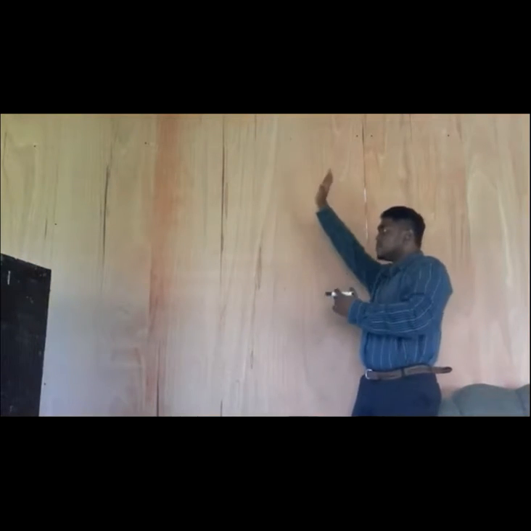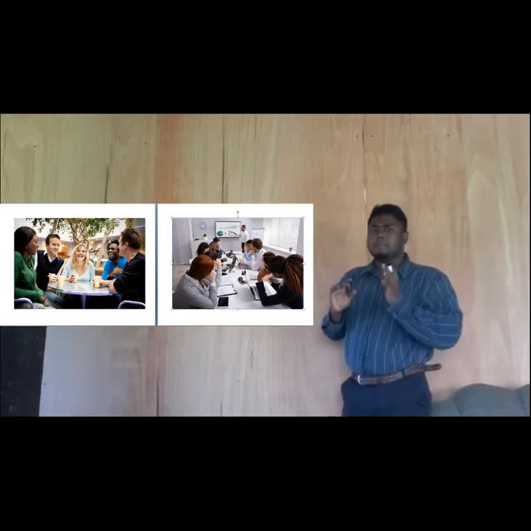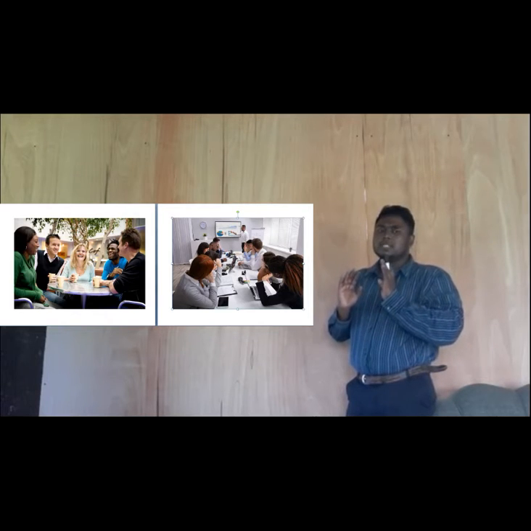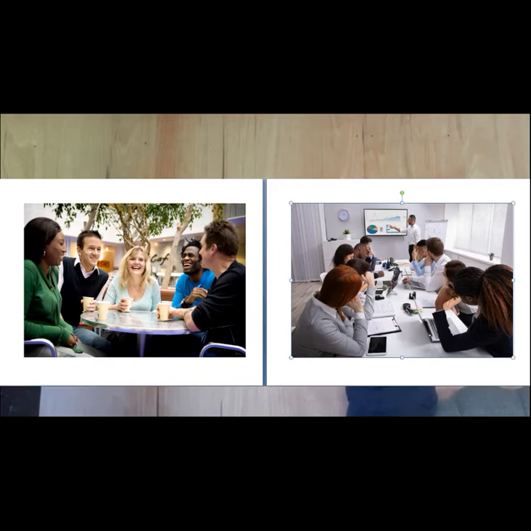So let me put up the first picture here. As you can see, the first picture has a group of persons talking, and the second picture also has a group of persons talking. But look at it carefully. One set of persons look like they are friends and they're having a discussion or having a meal or lunch or something, and the other picture is like persons in a meeting.